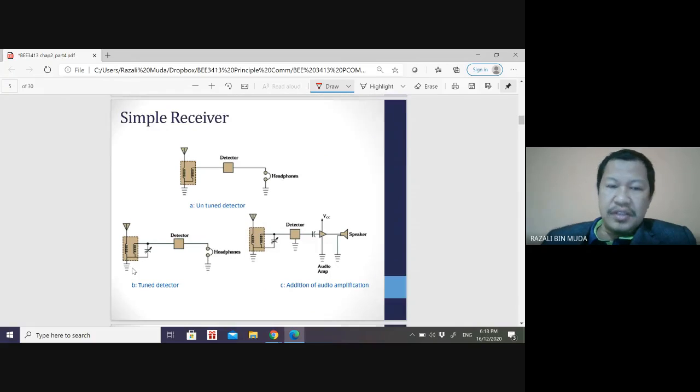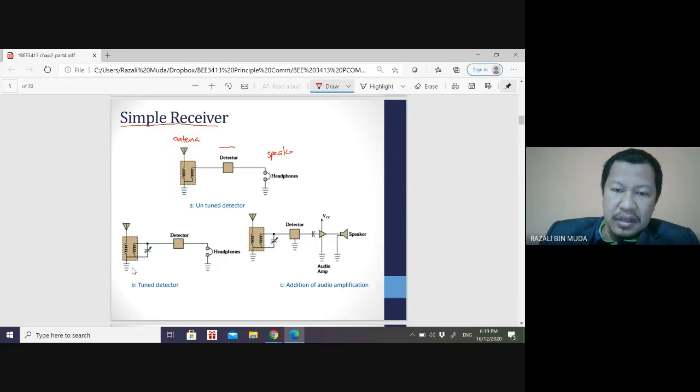So first, we will discuss the simple receiver. This is before the super heterodyne receiver. So what is a simple receiver? You have an antenna, a detector, and a speaker or earphone.